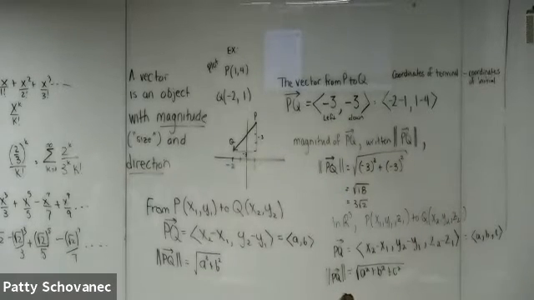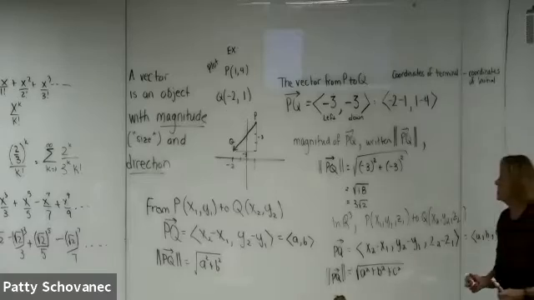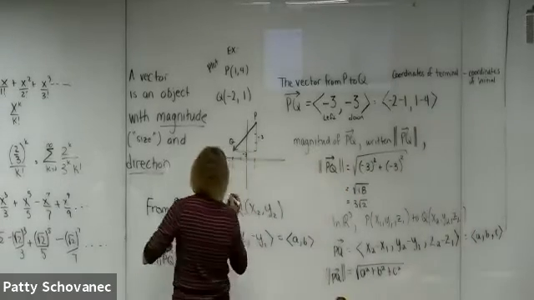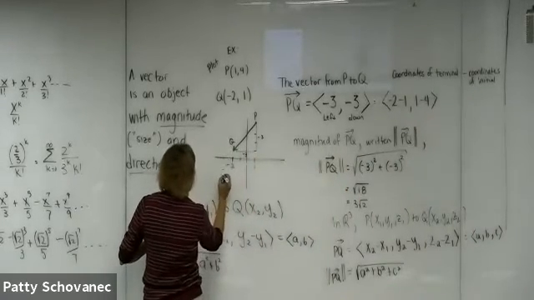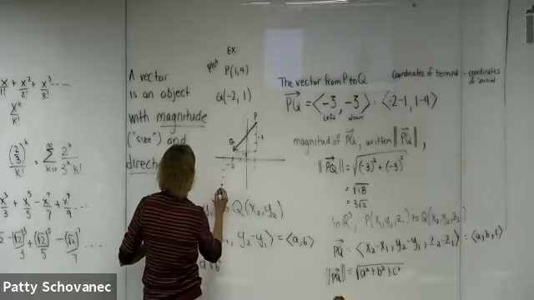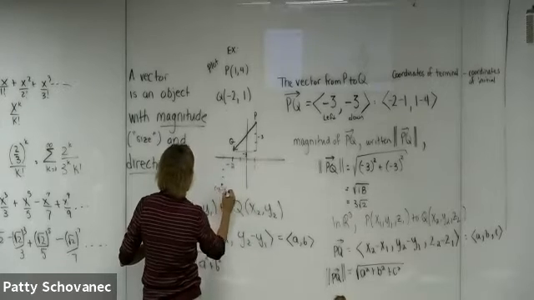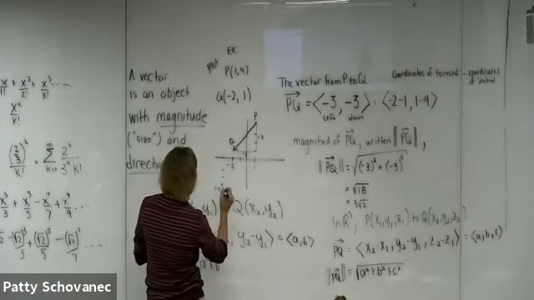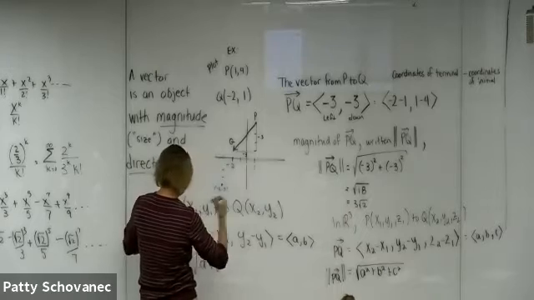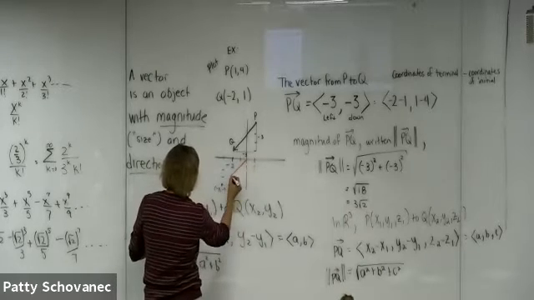So if I did that in red, if I go over here and go back 3, down 3 in the XY plane, but now draw this vector, red, here.